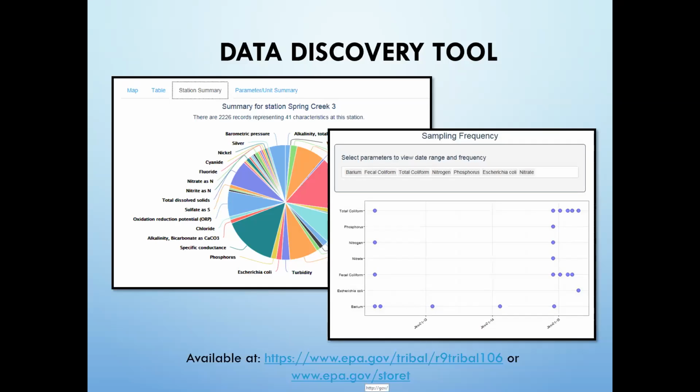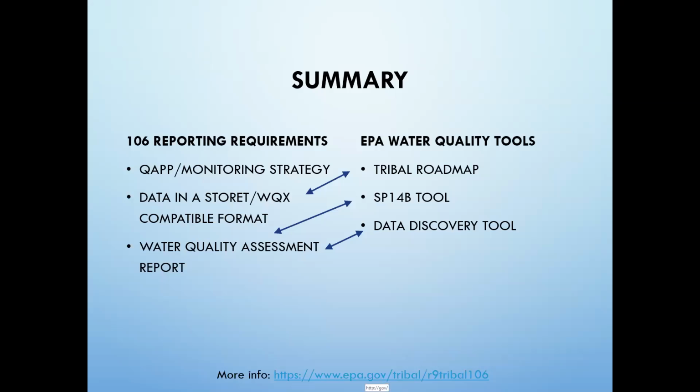So on our next slide, this is just a quick summary. Again, there are 3 106 reporting requirements. And like Sophia mentioned, you may have other deliverables that you submit for your 106 program. These are just the 3 core ones: the QAP, the data in a STORET or WQX compatible format, and the water quality assessment report.